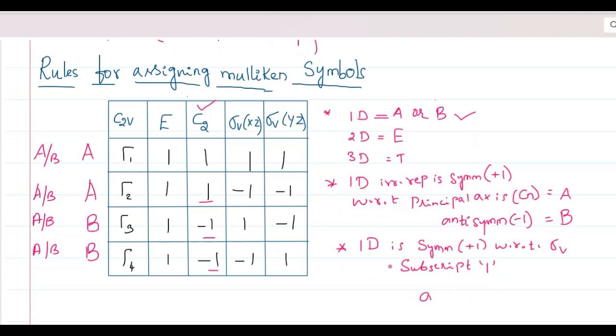If it is antisymmetric, minus 1, then we get the subscript 2.